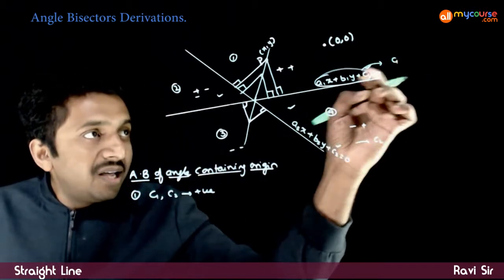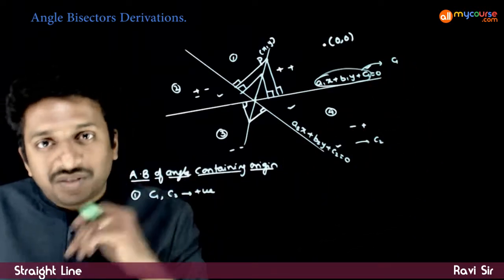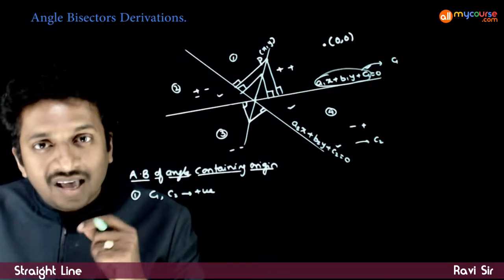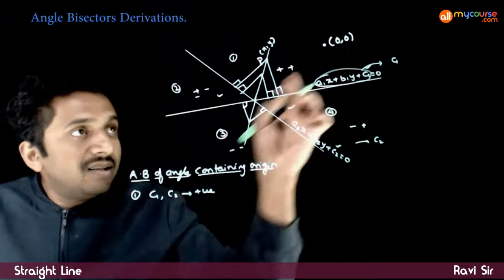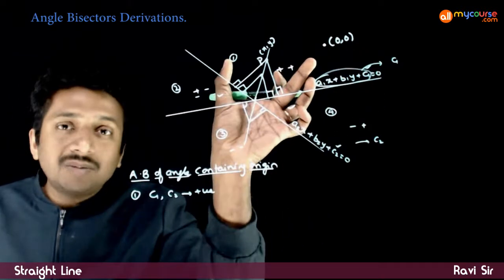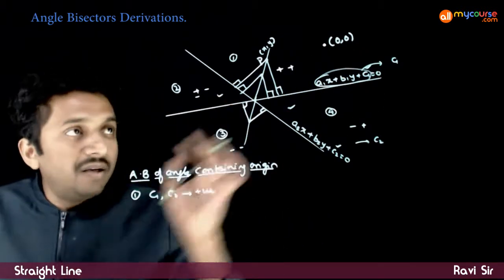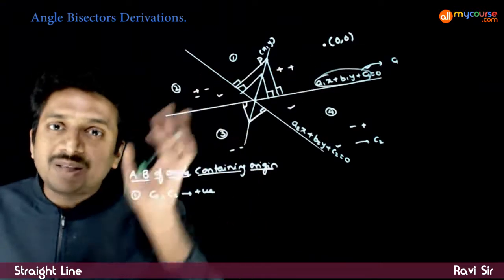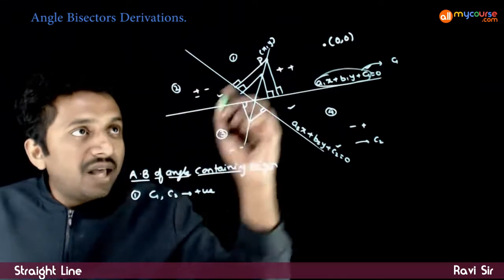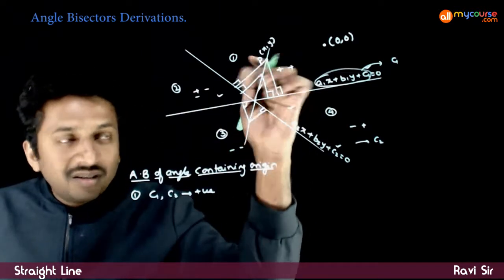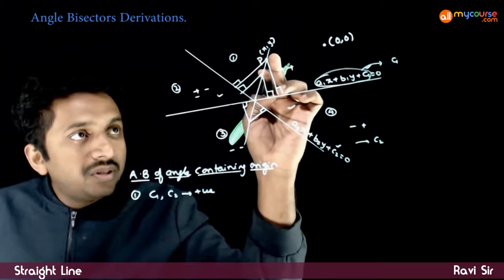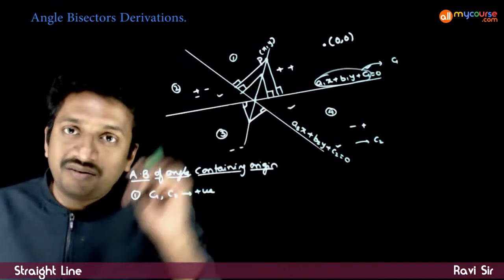Effectively, we have made both these numbers positive. That means effectively we have sent the origin into this plus-plus region. So every point in this region will have both signs as positive.